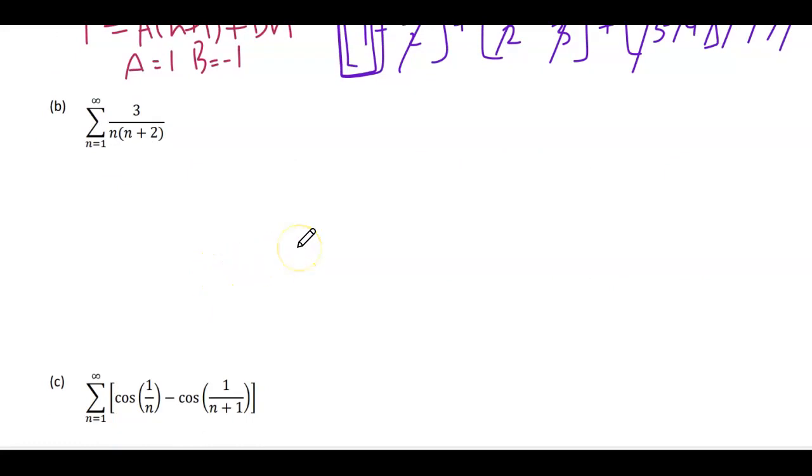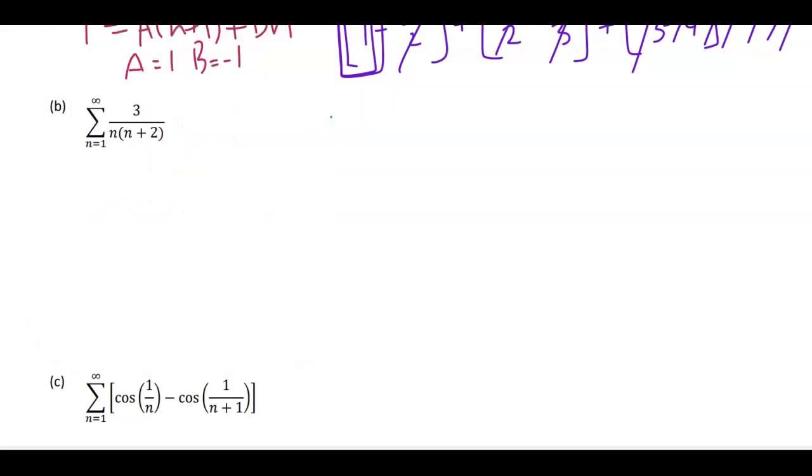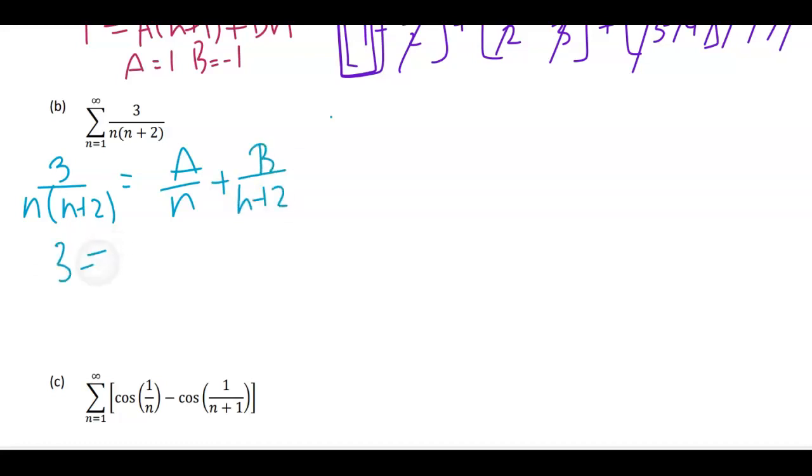So I look at this, I could look at partial sums, but I'm noticing it's a partial fraction decomposition. So I actually want to look at the overall sums, and I'm going to split this up. Okay, if n is 0, then a is 3/2.